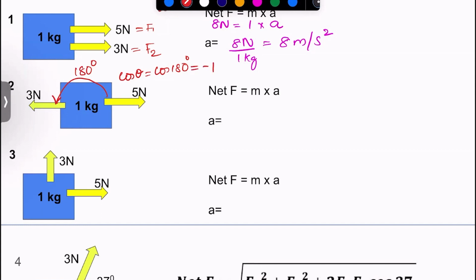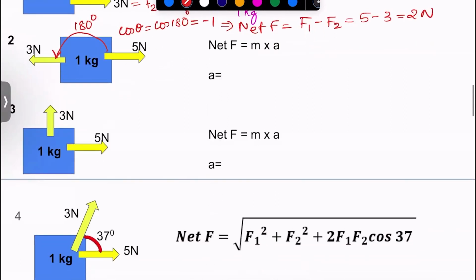That will become minus 1. So you know the net force is F1 minus F2. F1 is 5 Newton, F2 is 3 Newton. So that becomes 2 Newton. Now acceleration is force by mass, which is 2 by 1, equal to 2 meter per second square.